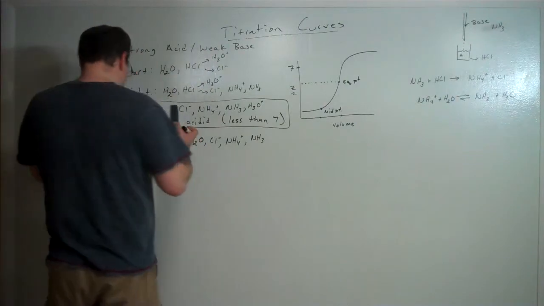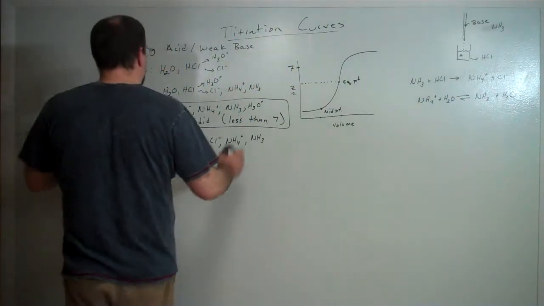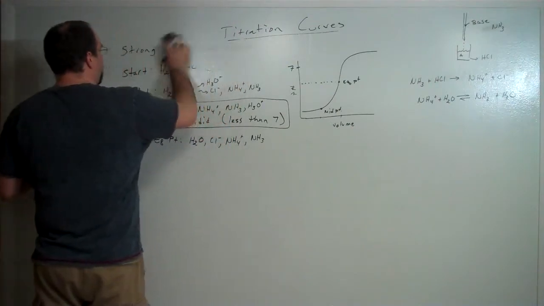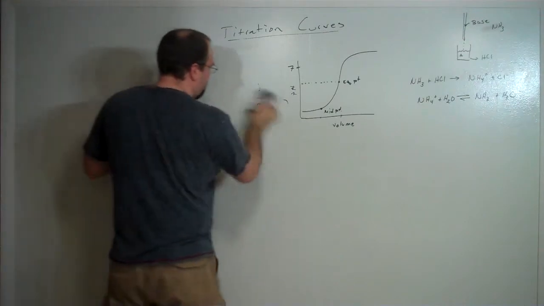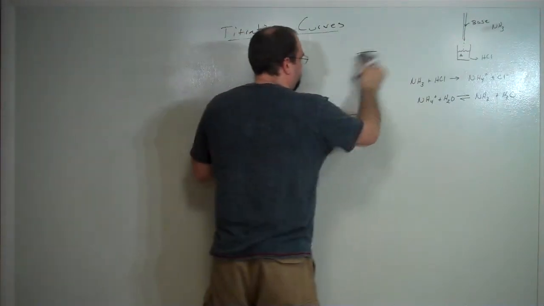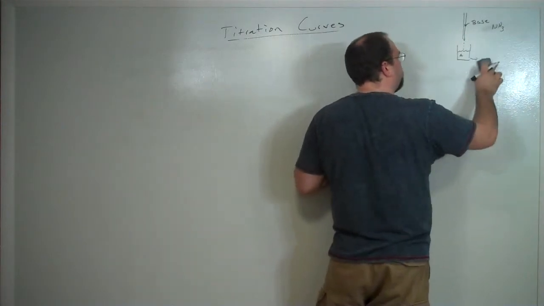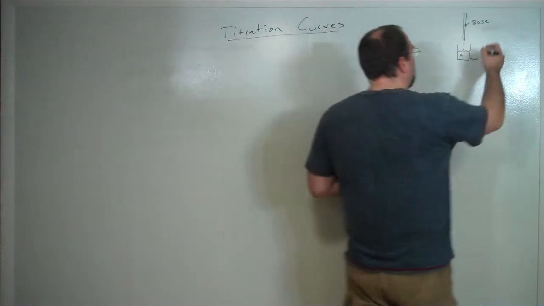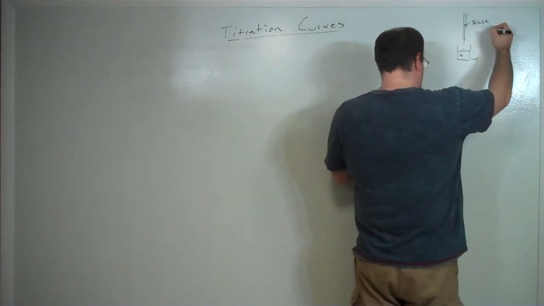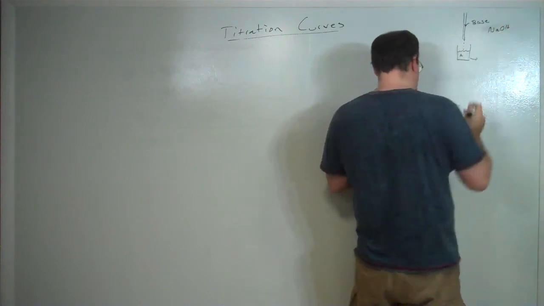Now, let's do this again, only let's do this with a strong base and a weak acid. I should have kept that titration curve. I always think I should keep this titration curve, and then I never do. So for my base, we're going strong base, so I'm going to go NaOH again.